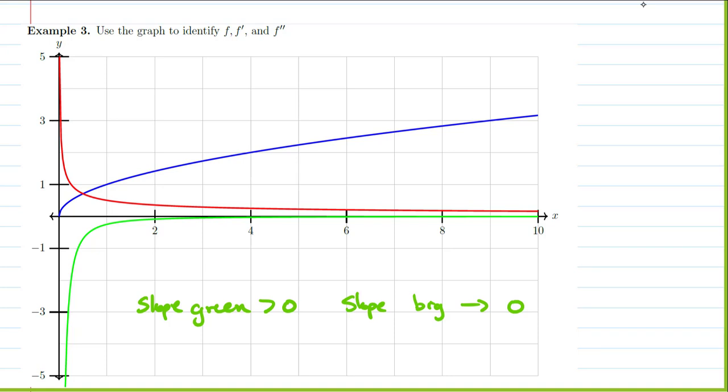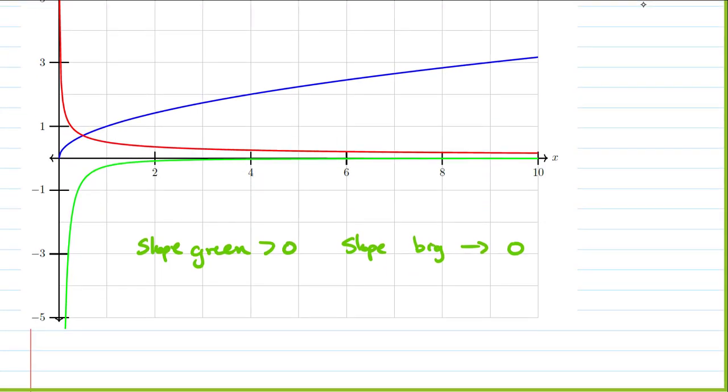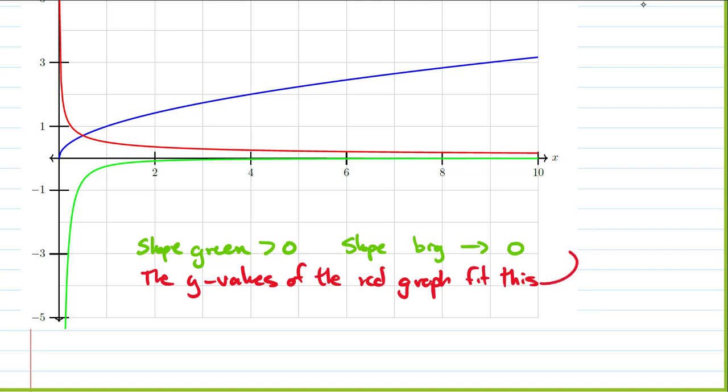So our red graph looks like it should be the derivative of green, right? So it appears the red graph's y-values fit this above.